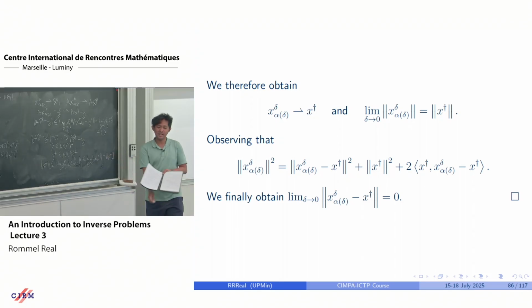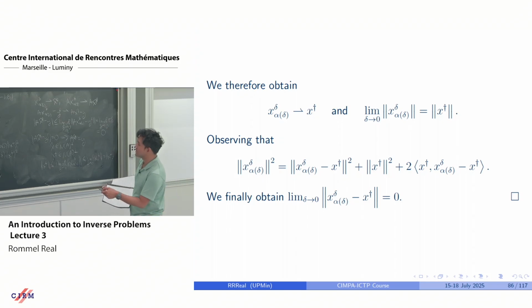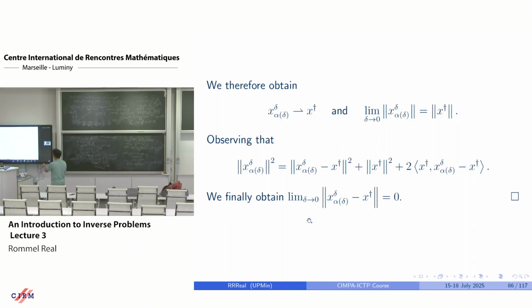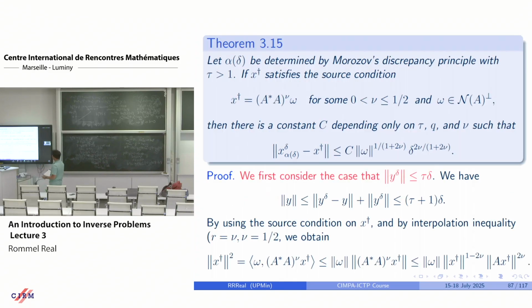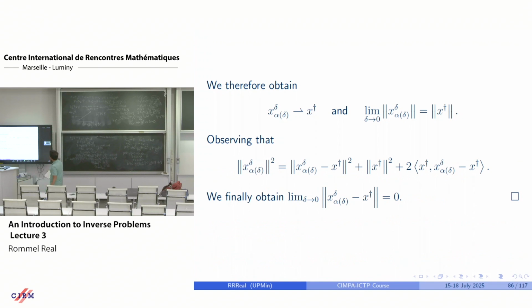That means the limit of the norms of the regularized solutions as delta approaches 0 must be equal to the norm of x dagger. Note that in this statement, the convergence is in a weak sense.